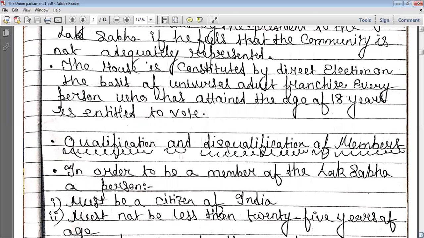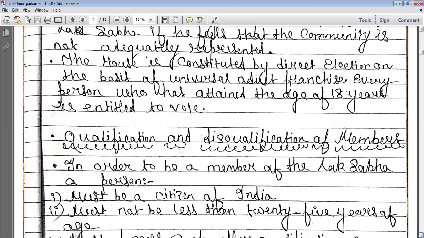That person can elect the government and run the country with the help of the government. And the Lok Sabha mainly gets its power from the people.